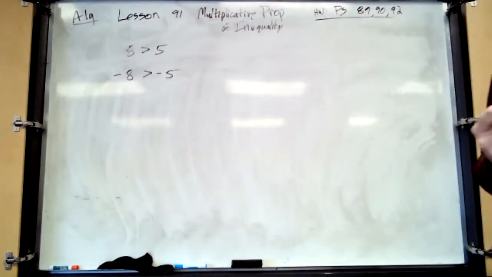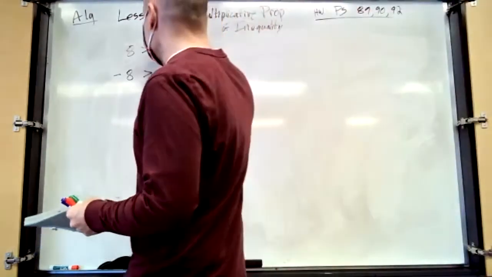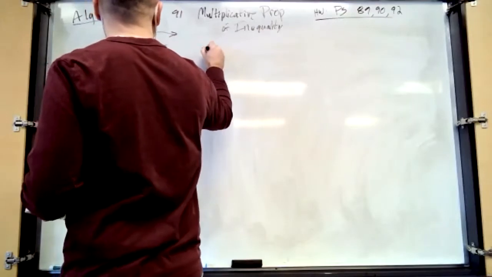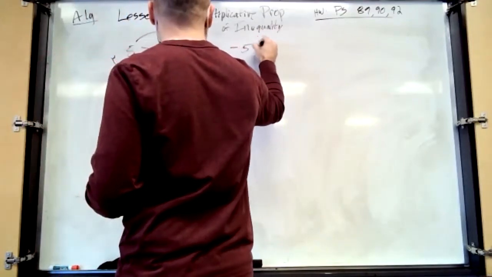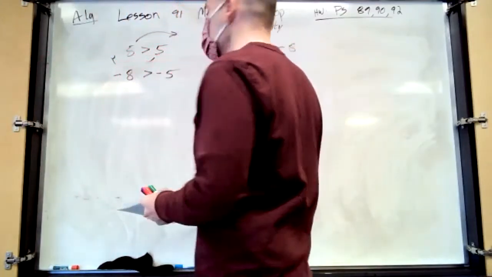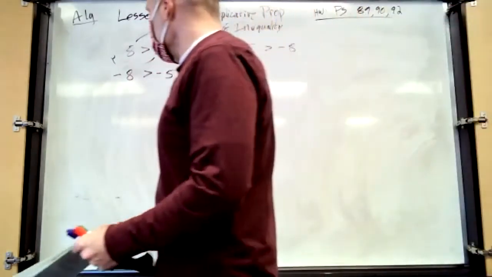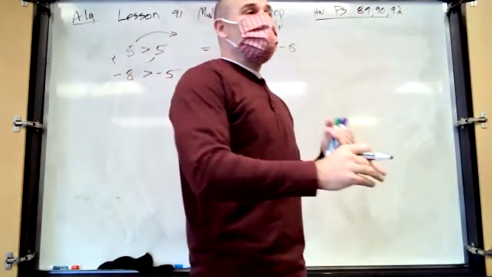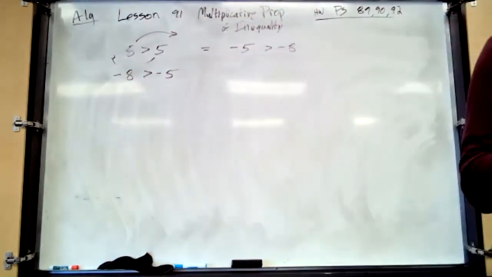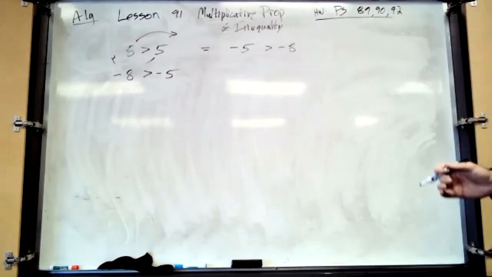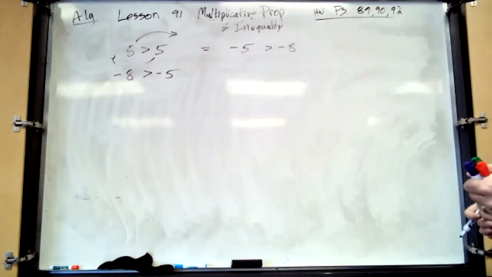Another way to think about it is I could bring the 8 over here and the 5 over there, and it becomes -5 is greater than -8. Well, that's true, right? That's why you have to do it, because essentially when you multiply or divide by a negative number, you're just switching sides, okay? So you have to flip the symbol.